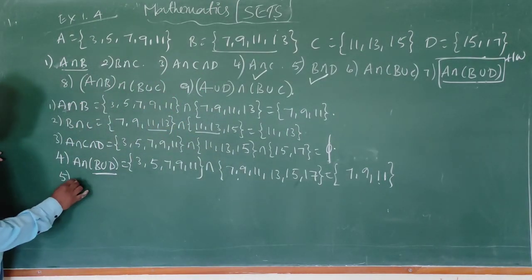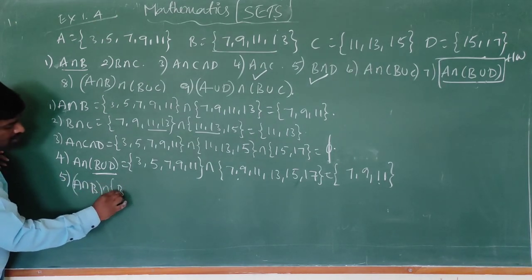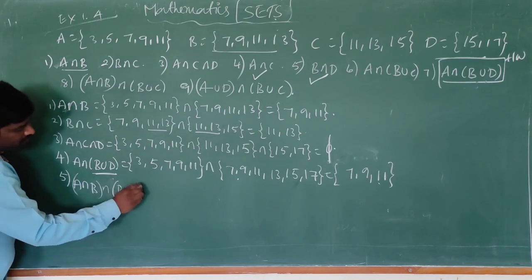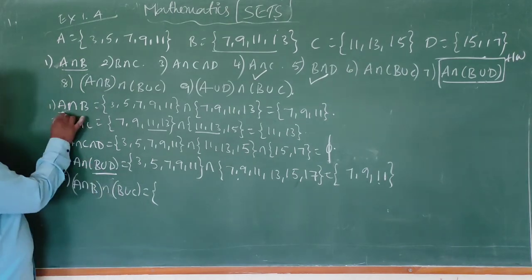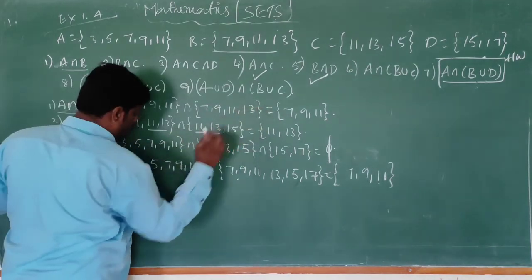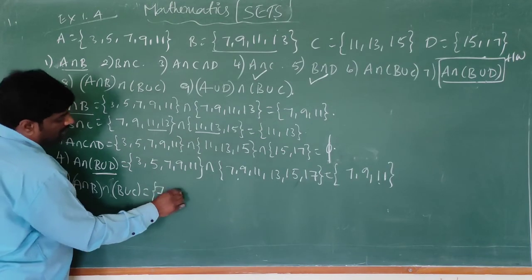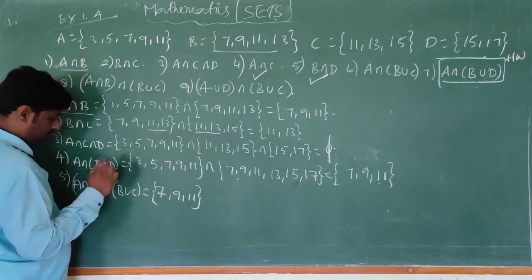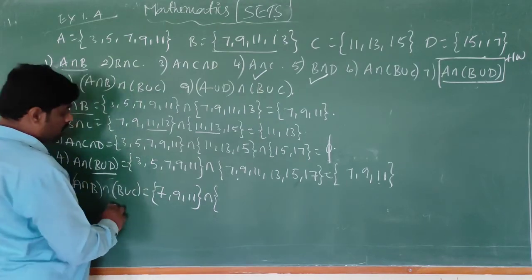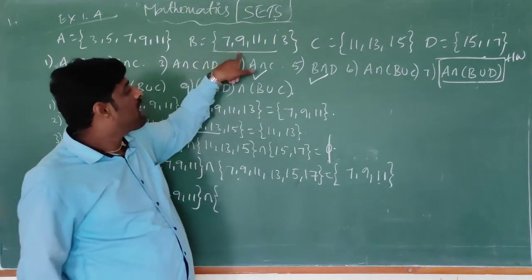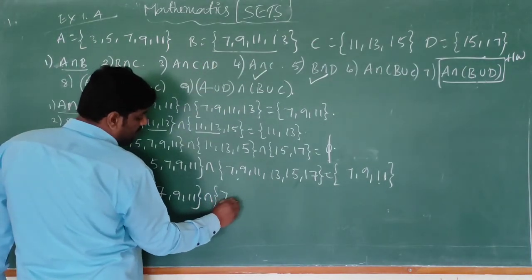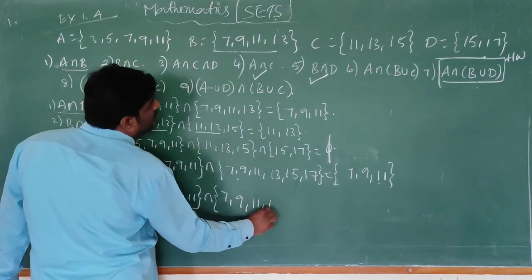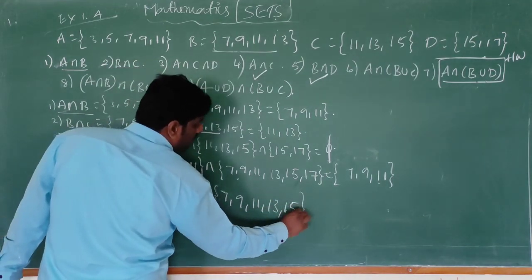Next question is A intersection B union C. Dear children, observe A intersection B. Already we got the A intersection B value: 7, 9, 11. Intersection B union C. We should write together B union C, which is 7, 9, 11, 13, 15.